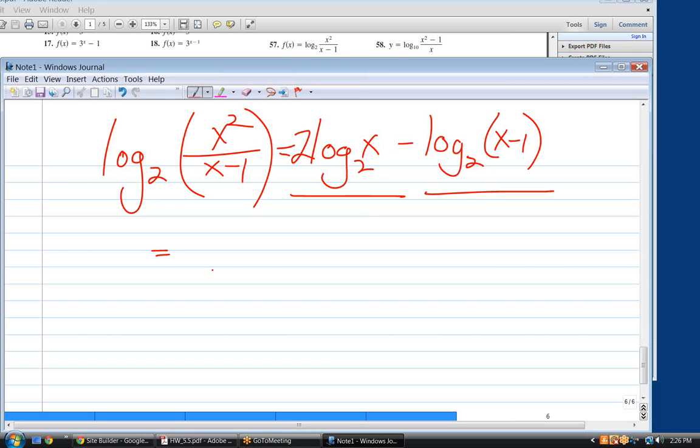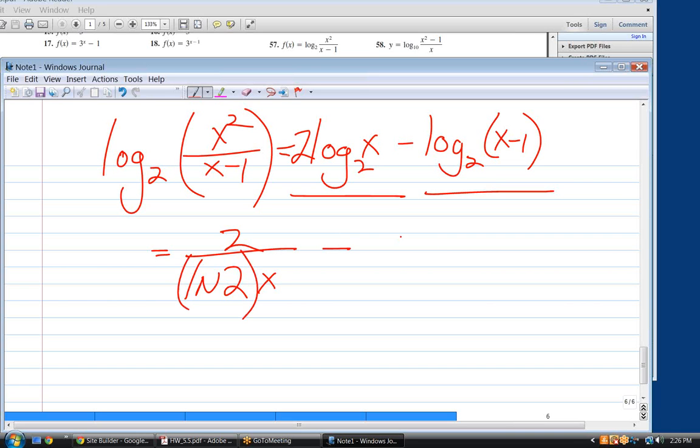Yeah, so the first term turns into 2 over natural log of 2 times x. Minus 1 over... Boy, I guess the parentheses really need to be placed around the natural log of 2, like that. And that way it can't be misinterpreted.